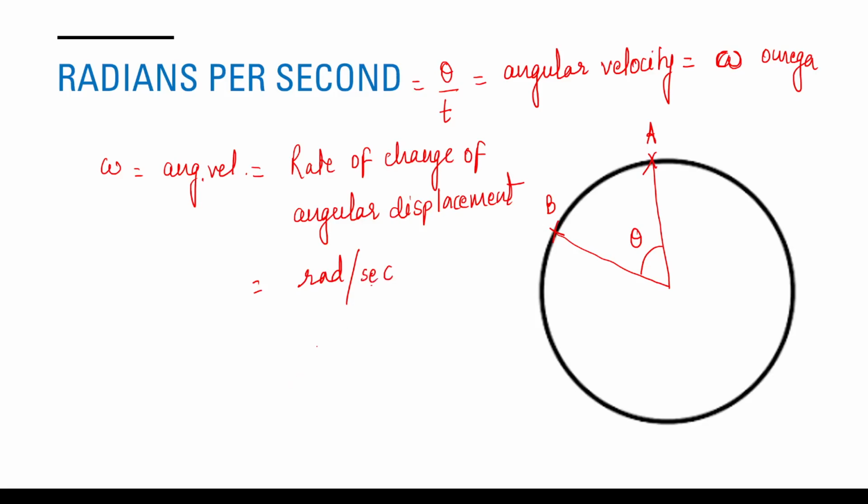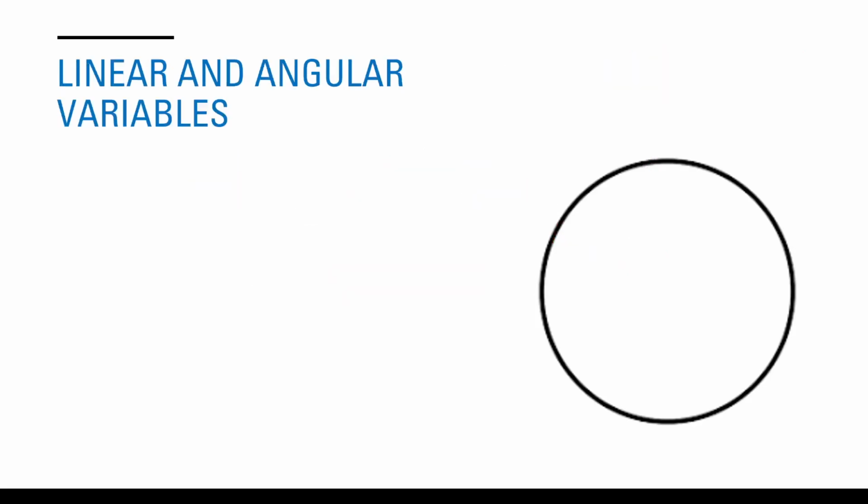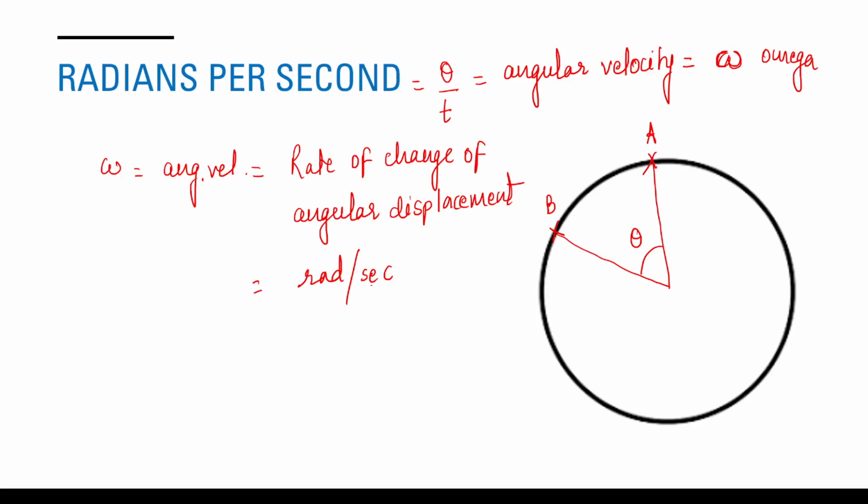Next, obviously, if it's moving in a uniform circular motion, omega is constant. So omega would be, let's say, 10 radians per second or 20 radians per second, but whatever it is, it would remain constant. For example, the angular velocity of Earth around the Sun is around 2 times 10 to the power minus 7 radians per second, and that is constant.